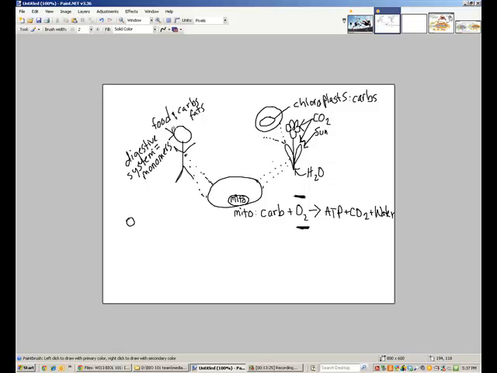And then humans, animals, eating food, the digestive system goes ahead and breaks apart those monomers, brings them into the blood and circulates it so that cells can use them, pull it into a cell. Doesn't matter if you're a plant or an animal, the mitochondria goes ahead and uses that carb and oxygen to produce ATP, CO2, and water. Okay, so this is aerobic respiration. And this happens in most eukaryotic cells.